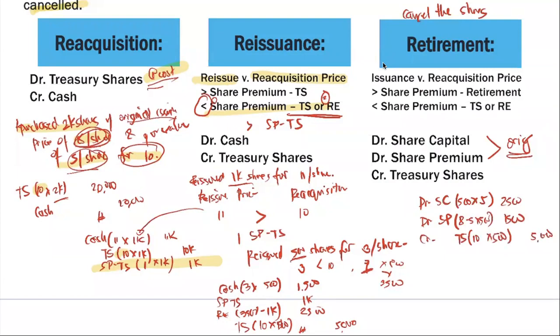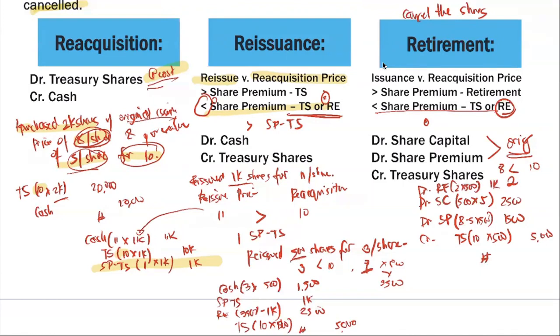So the original issuance price is 8. The reacquisition price is 10. It is less than, so it goes to share premium TS. Do we still have share premium TS? None left, so we place it in RE. So you debit RE for the difference. How much is the difference? 2 pesos per share, so 2 times 500, 1,000. Okay, so that is retirement.